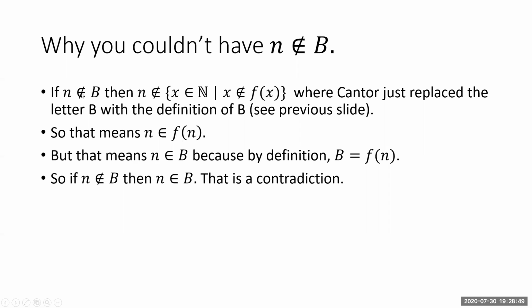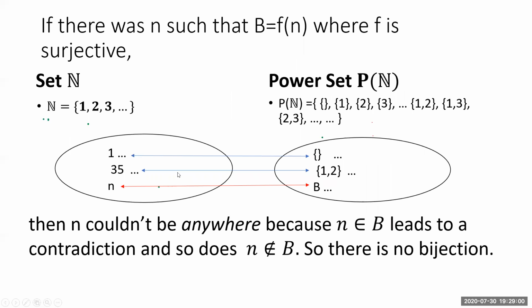If n does not belong to B, then after two steps, n does belong to B. That's a contradiction. So if f was a surjection, then this set B would have to be f of somebody, n. But n can't be anywhere because it's not in B and it's not not in B. So there's no such n. So f's not surjective. So there's not a one-to-one correspondence between these two sets.